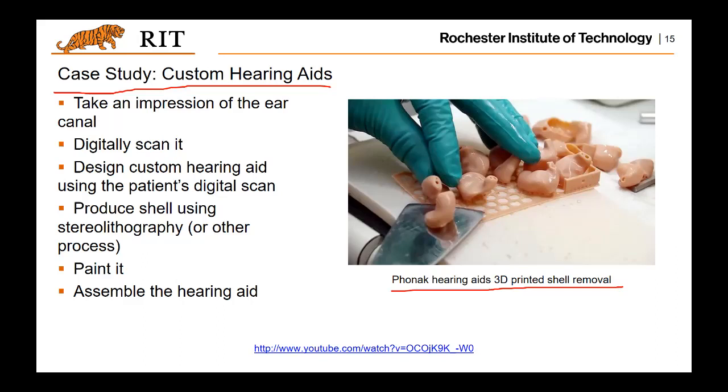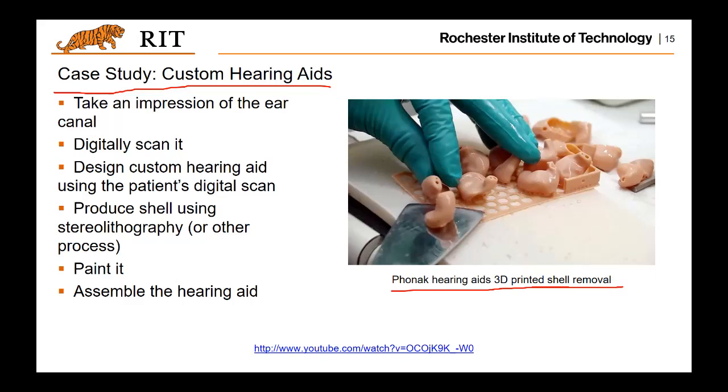Of course, this requires some manual assembly of these shells with the electronics components. So again, for this kind of process, the future direction would be how to come up with a method to integrate the assembly of the electronics components with the 3D printed shell automatically. And that will be another challenging problem.